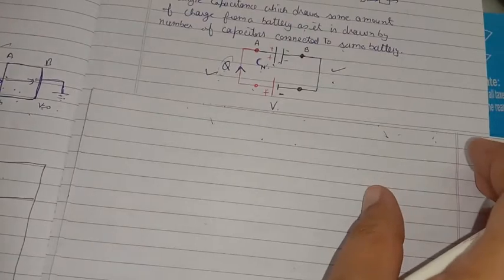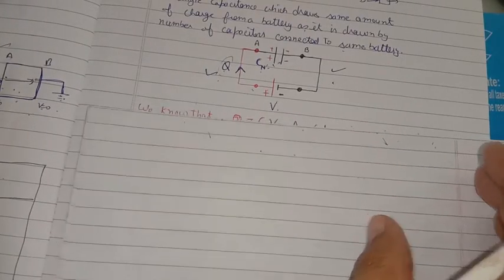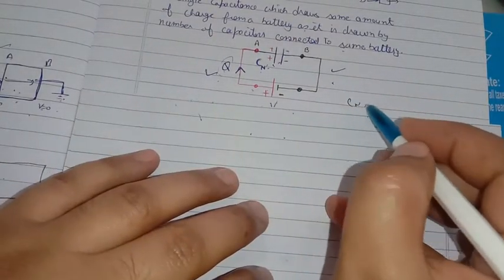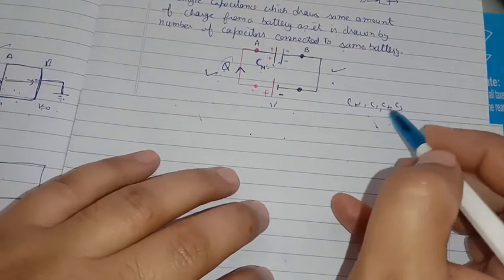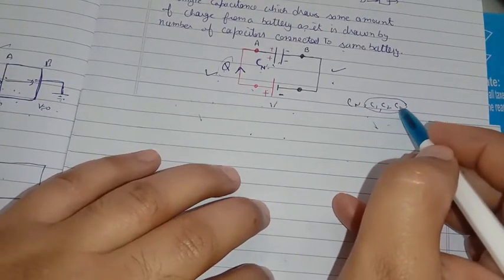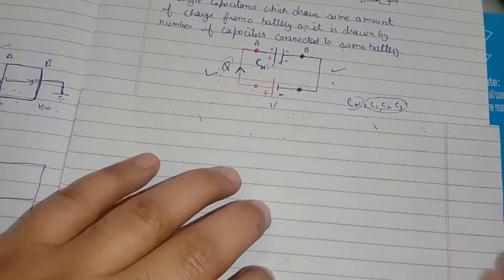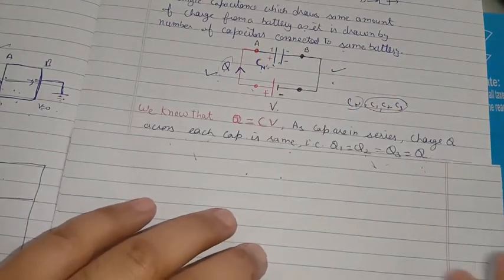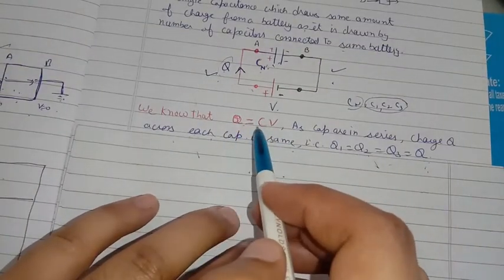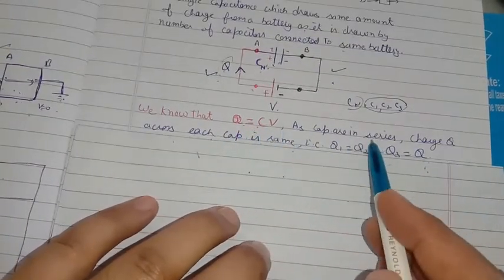Now we want to find a mathematical relation between Cn, C1, C2 and C3, that is, how these three work together to generate the net capacitance Cn. For this we are going to make use of the equation Q equal to CV. We know that the capacitors are in series.